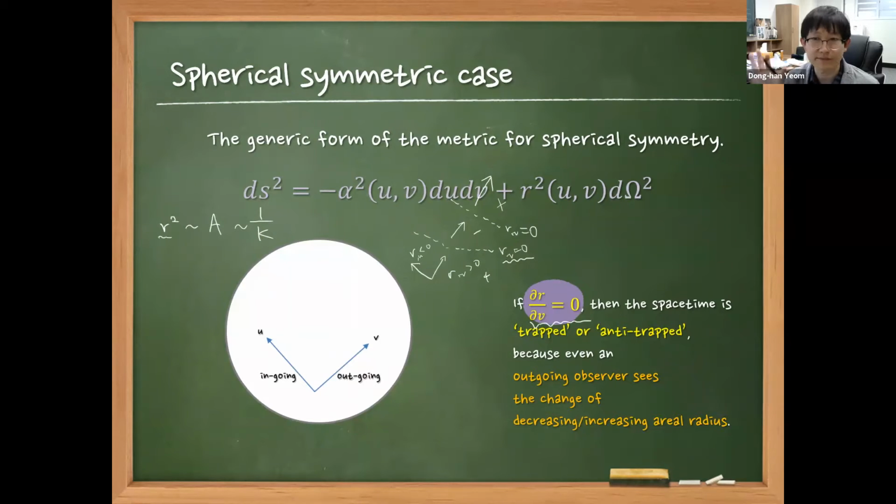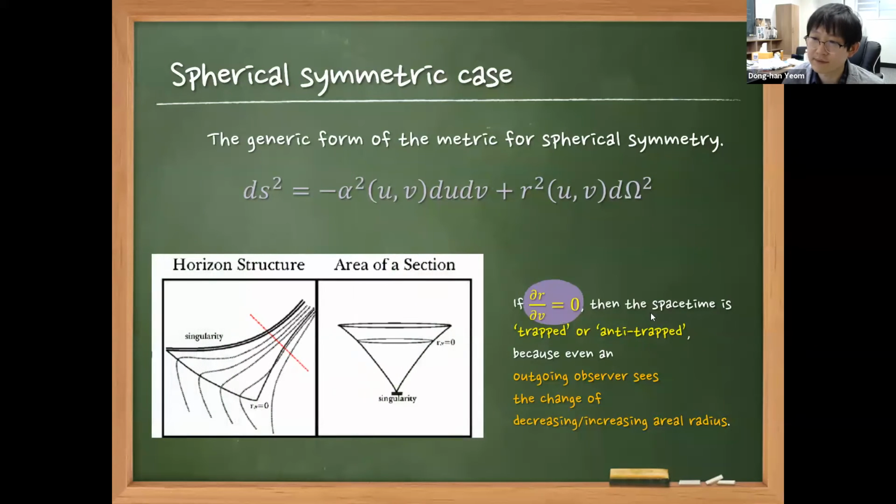So this is the trapped apparent horizon. And even though R_V is 0, if the sign of R_V changes from minus to plus, then we may say it is anti-trapped. So anyway, ∂R/∂V equals 0 is the boundary to distinguish either a trapped or anti-trapped surface, because even an outgoing observer sees the change of decreasing or increasing areal radius. So this is a physically well-defined notion of crossing local horizons.